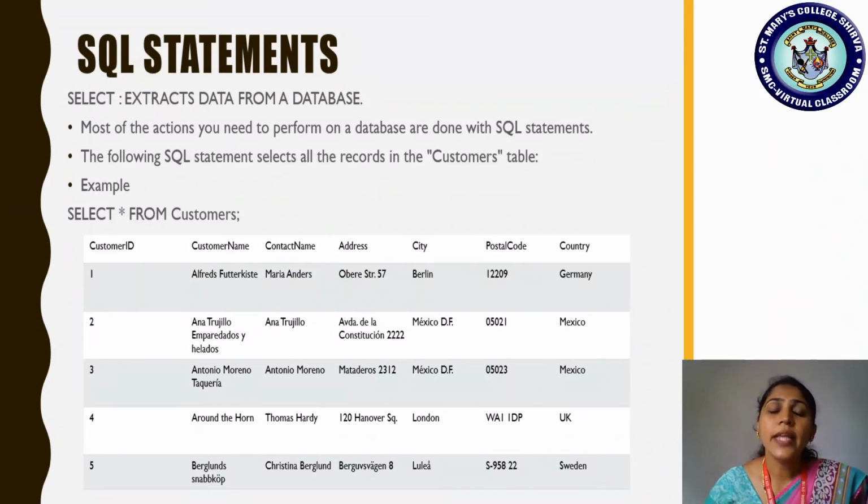Most of our access to the database will be through which statement? Select statement. That is why they say most of the actions you need to perform on a database are done with SQL statements. The following SQL statement selects all the records in the customer table.